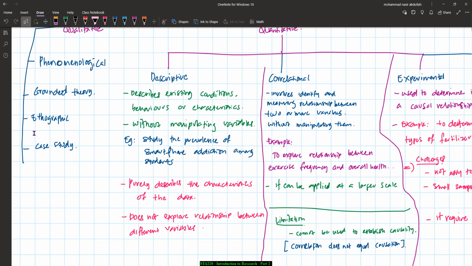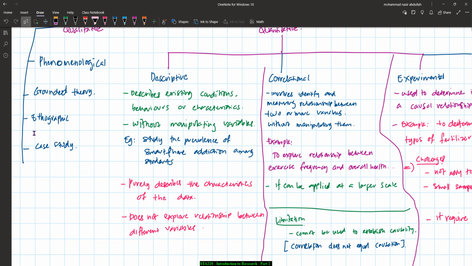So to get the data, we can do interviews, right? We can do interviews with the survivors, and then we analyze the data by using qualitative methods such as thematic analysis to identify commonalities and differences. Right.